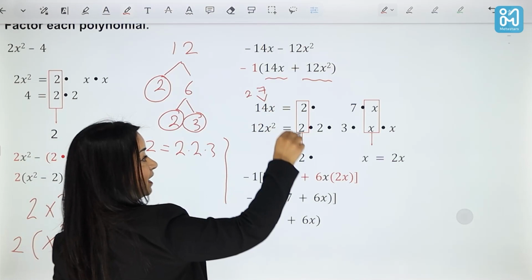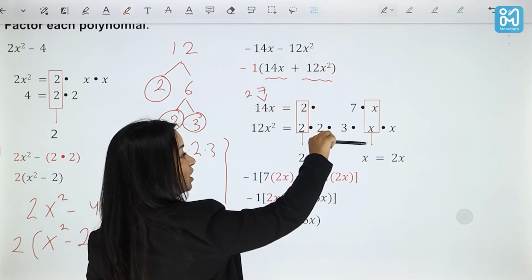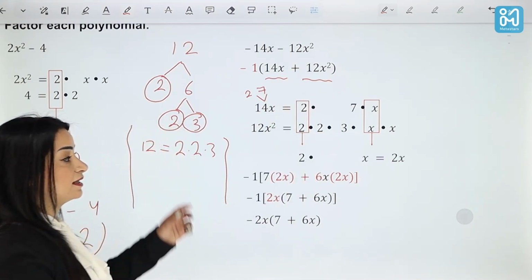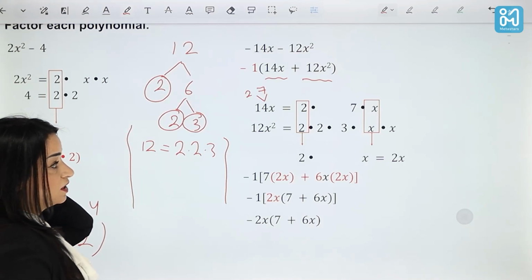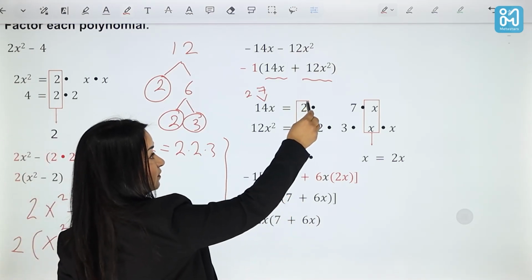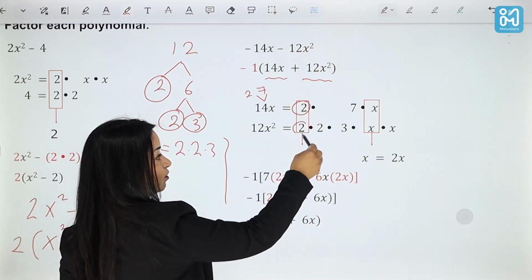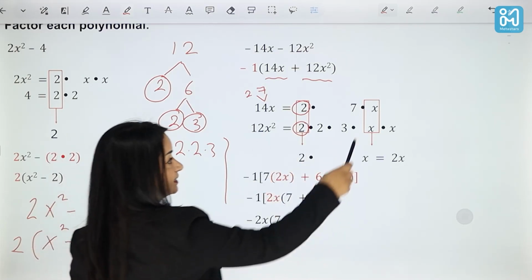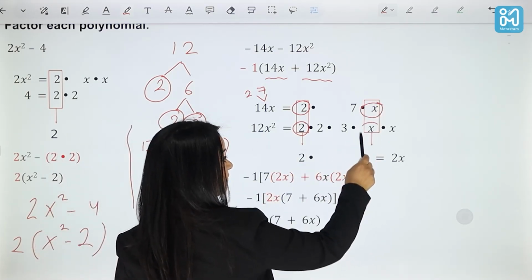So what do I have now sharing between the first term and the second term in the prime factorization? I have 2 in the first one, and I have 2 also in the second. And I have x, and I have x.